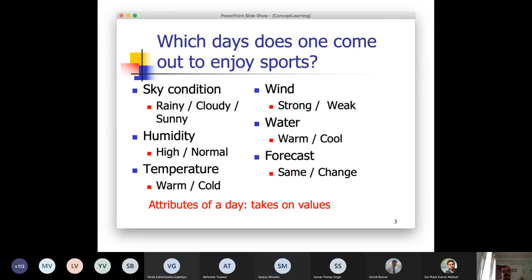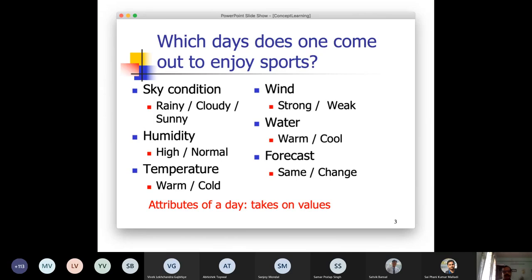With the blue marker, you see the names of the attributes, and following the corresponding red marker, you can see the values of the attributes. So the attribute set is sky condition, humidity, temperature, wind, water, forecast, and the set of possible values for each attribute is also listed.